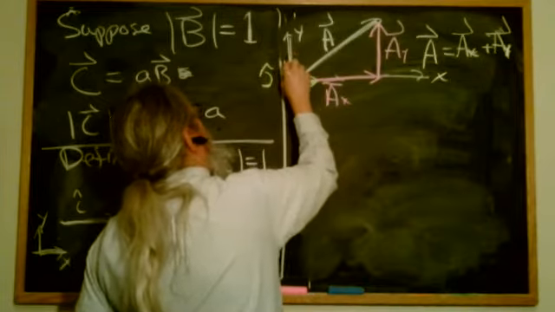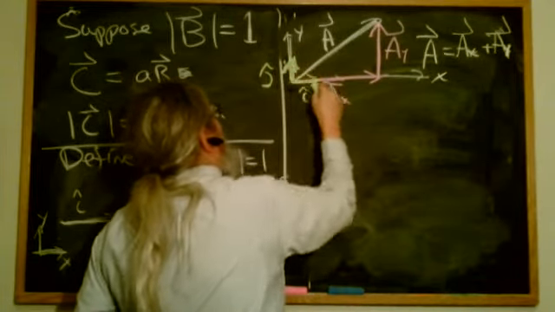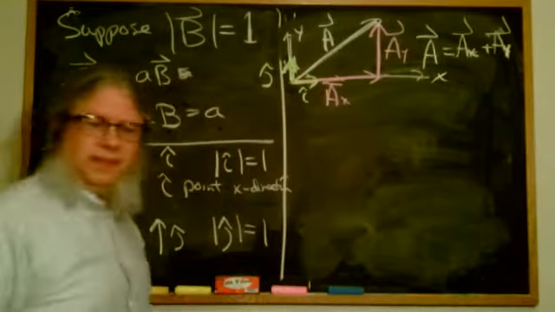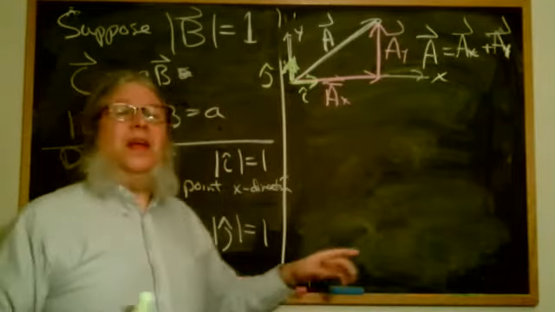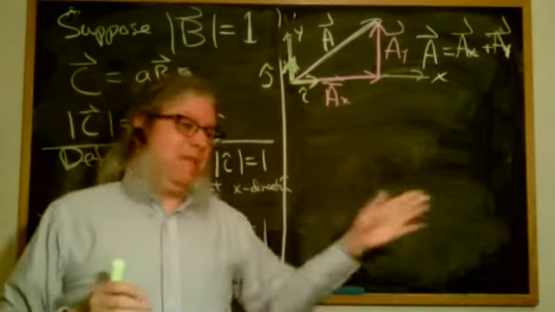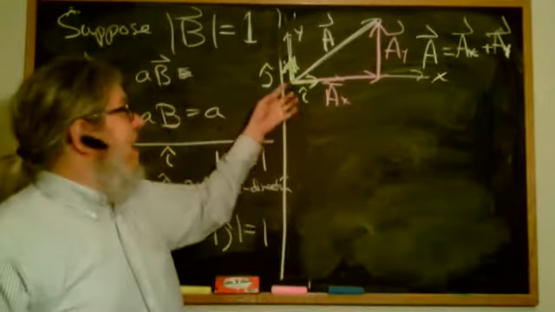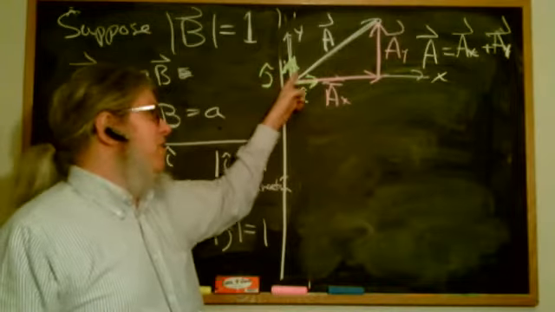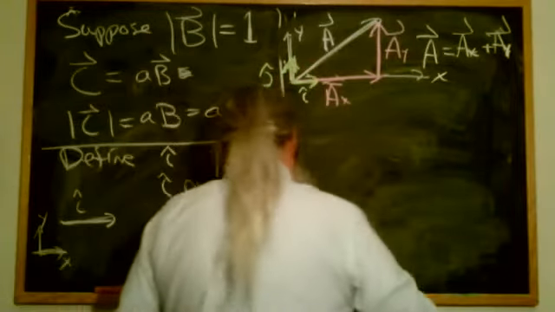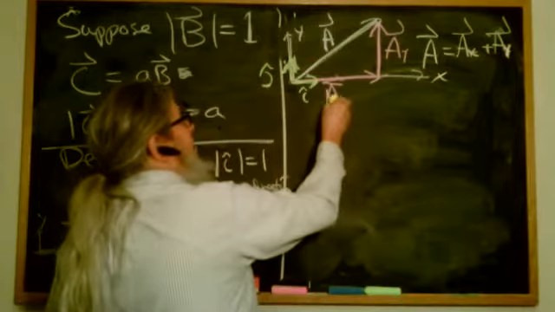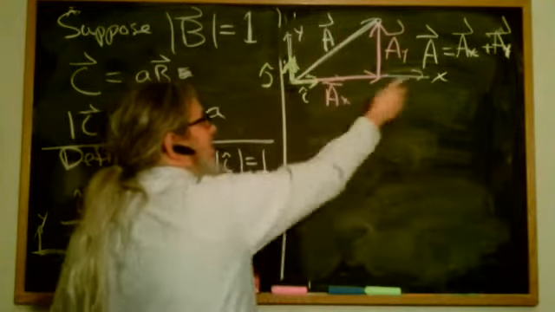J hat points up, and i hat points to the right. The key issue is that you can pick these things up and move them, but they're aligned with the x component of A and the y component of A.